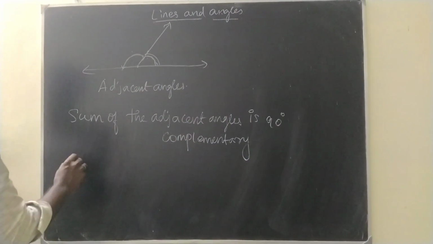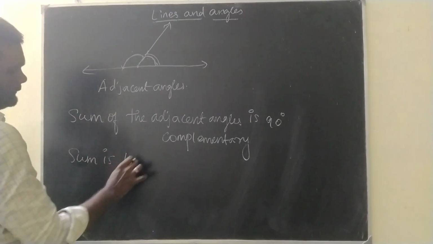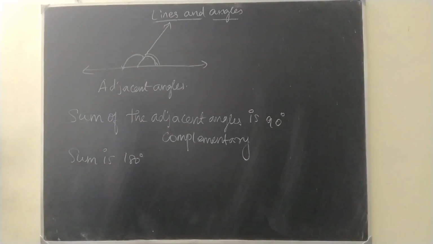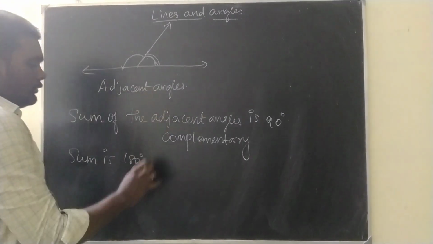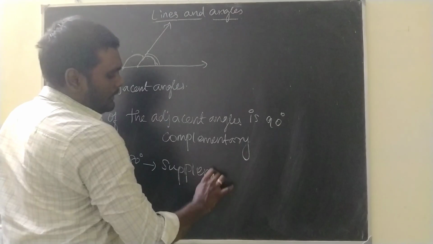And if the sum is 180 degrees, then the same two angles are called supplementary angles.